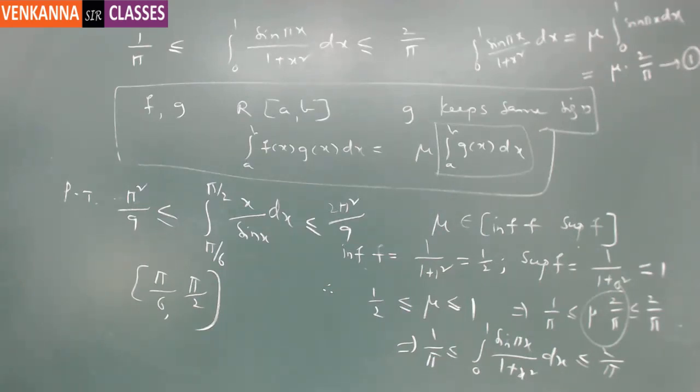Any guesses? Yes, g is equal to x and f is equal to 1 by sin x, because in the formula you are integrating g, and x is very easy to integrate. So take g equal to x and f equal to 1 by sin x and follow the same steps. Automatically you will get the required inequality. Okay? So just take that as an assignment.